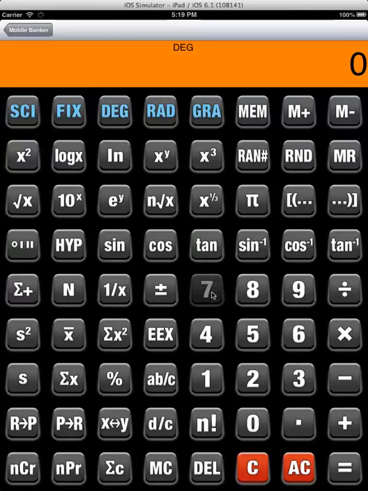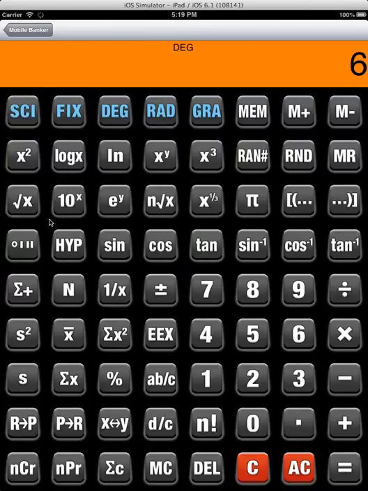Let us see basic arithmetic operations. 7 plus 2 equals 9, minus 5 equals this, times 9 equals this, divided by 6 equals this.